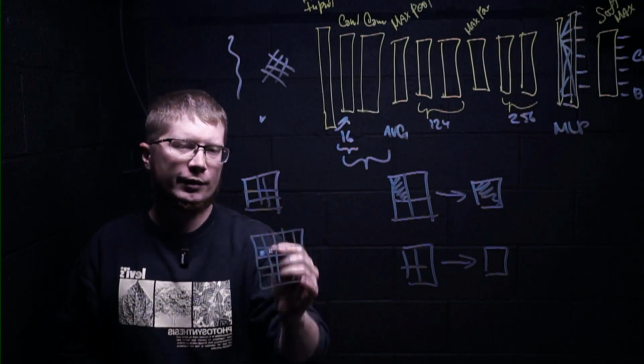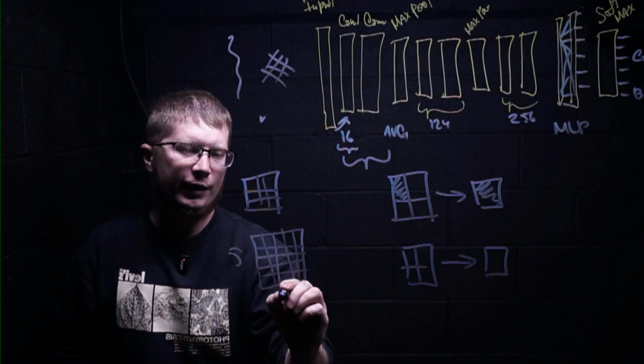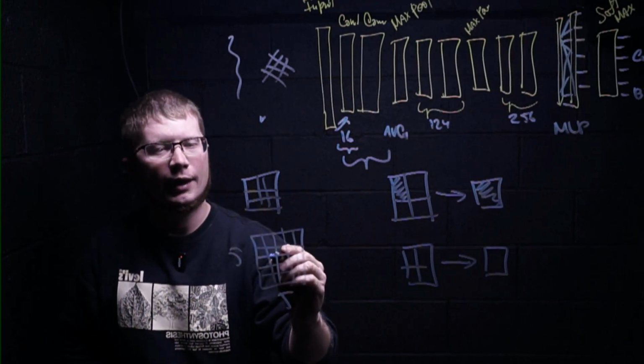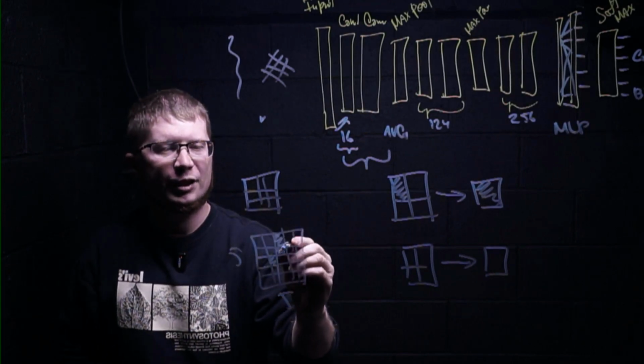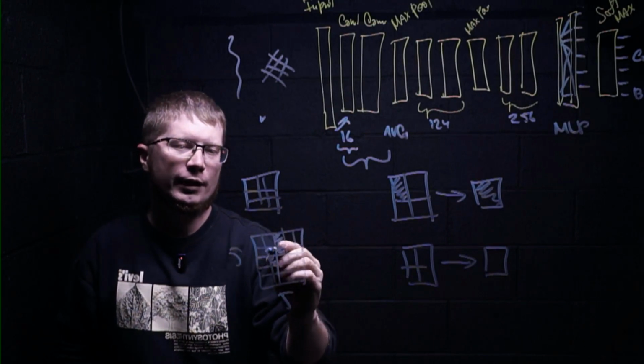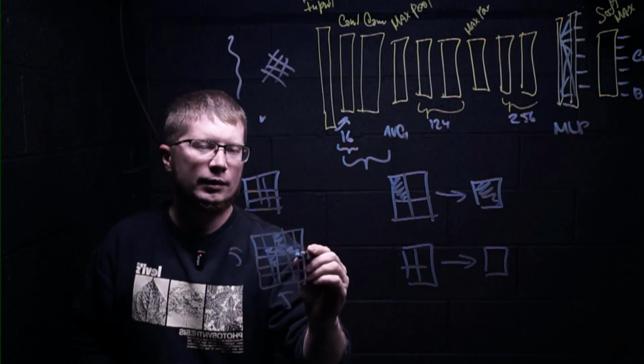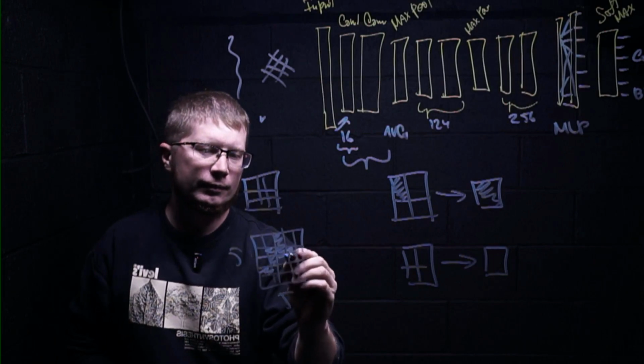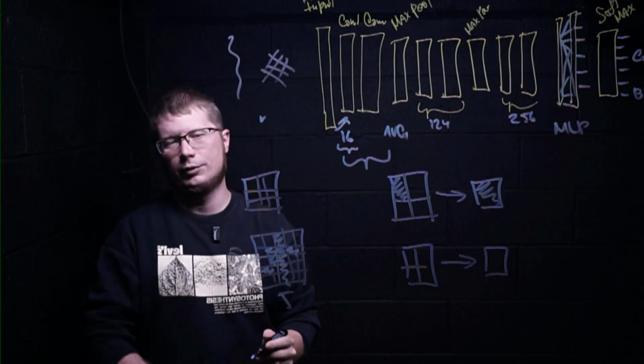So let's say if it's 5 by 5, maybe it can recognize a hard-coded shape like an arrow, a vertical arrow.